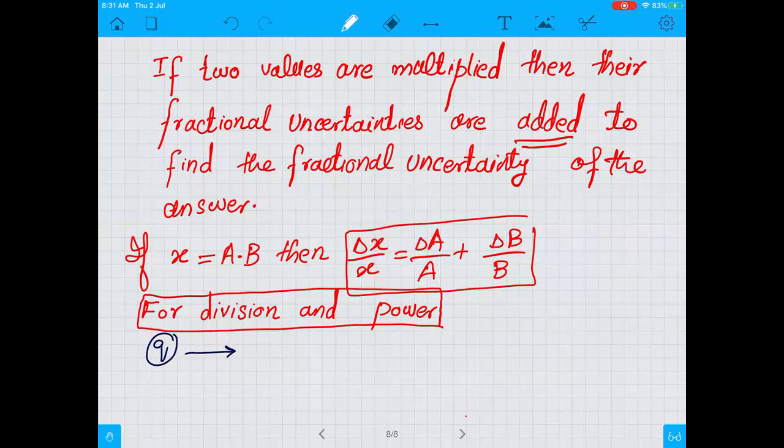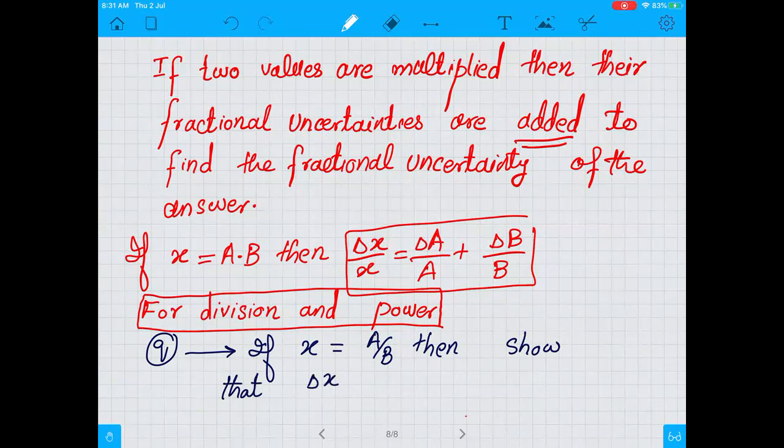You have to show that if x is equal to a over b, then delta x over x is equal to delta a over a plus delta b over b.